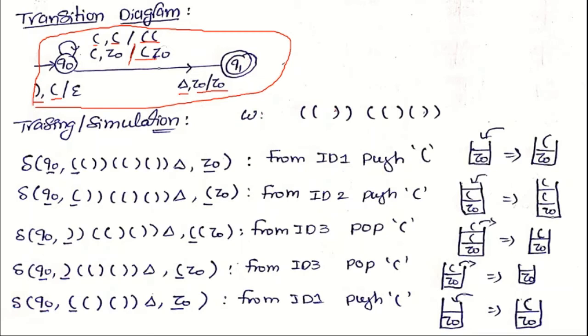Now we consider some string: open, close, close, and open, close, open, close. Let us check. The first open parenthesis is closed, and the second parenthesis is closed. So till now the parentheses are balanced.